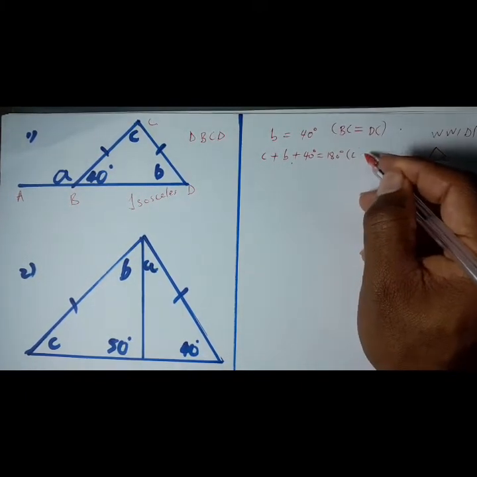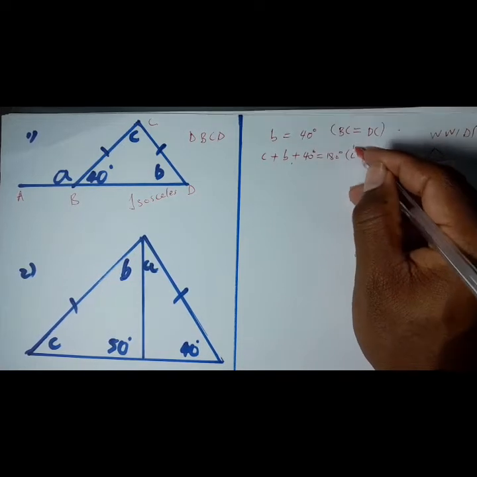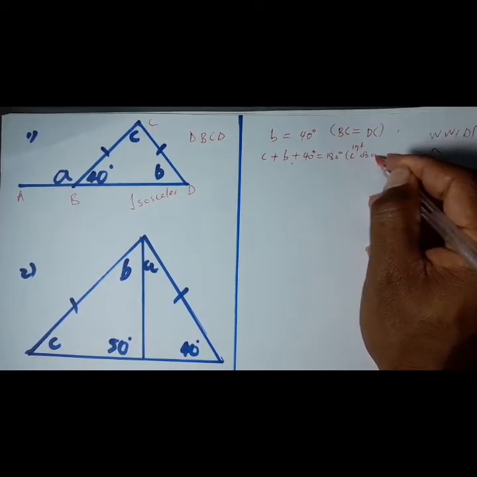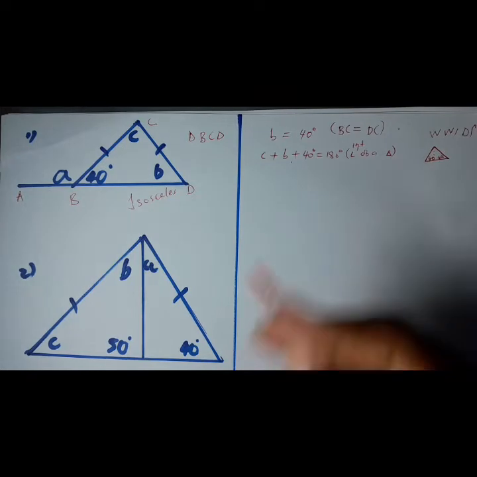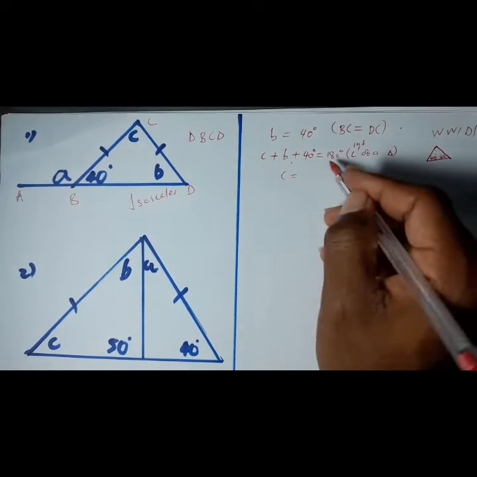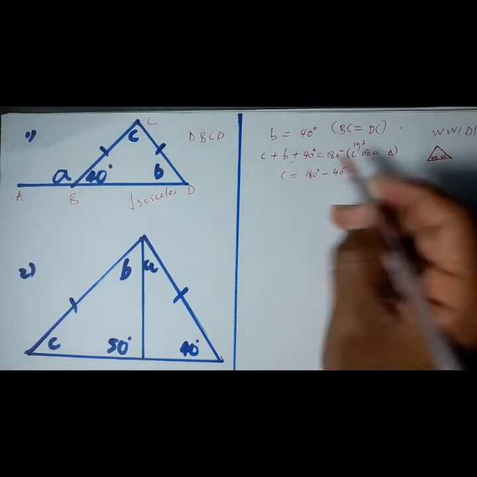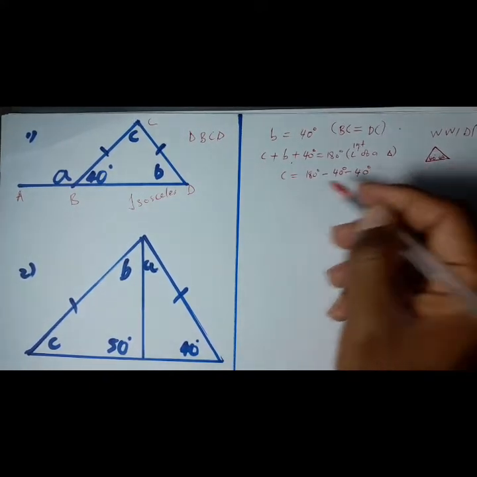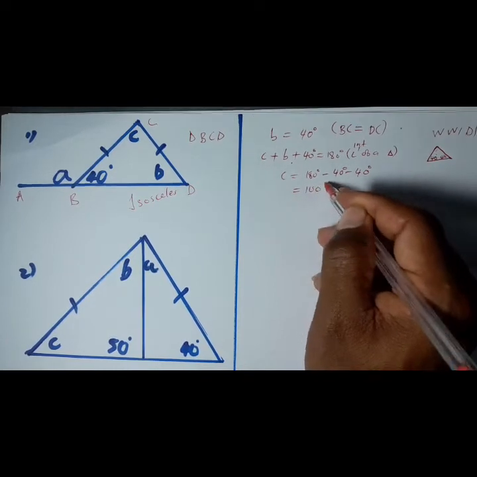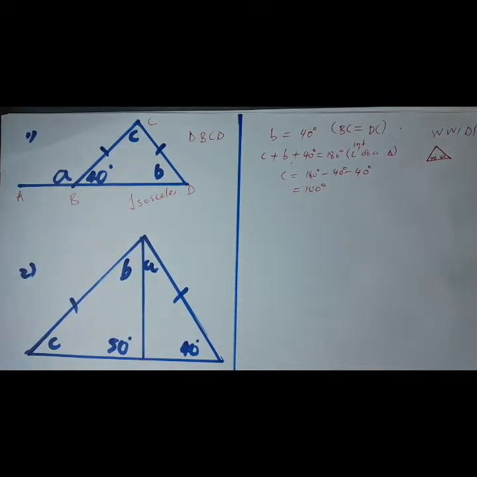These are interior angles of a triangle. So now C would be 180 minus 40 minus that B, which is also 40. So the answer you should get here is 100 degrees.